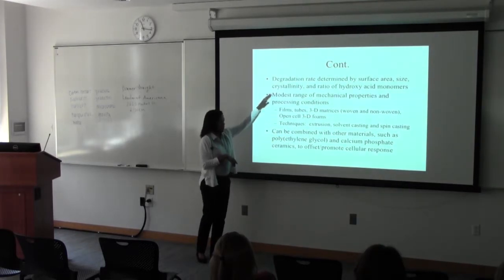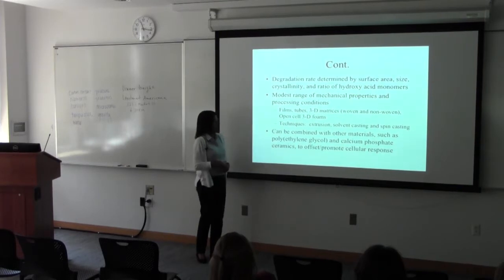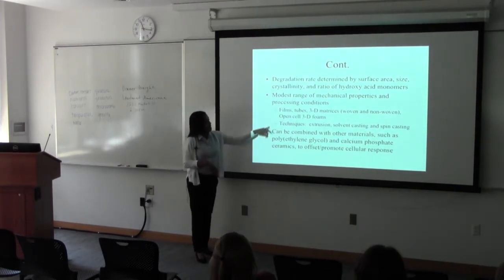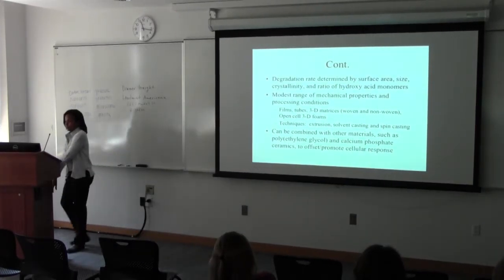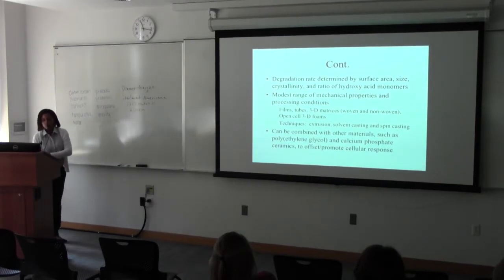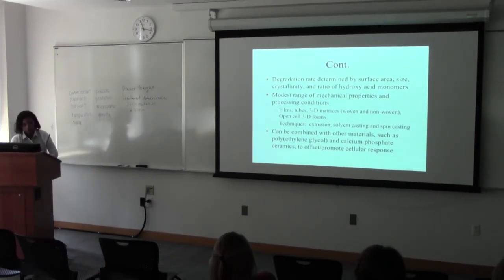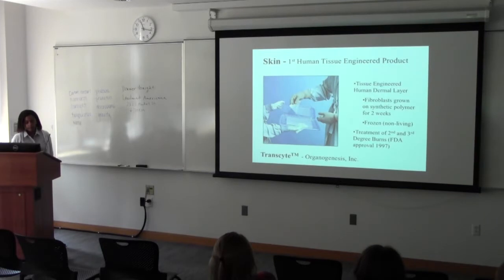So a wide variety of structures can be made. And if you're not happy with some of the basic physical or chemical properties, you can easily blend in other materials. So you'll see blends and composites readily used. And again, these are used in tissue engineering as products on the market.